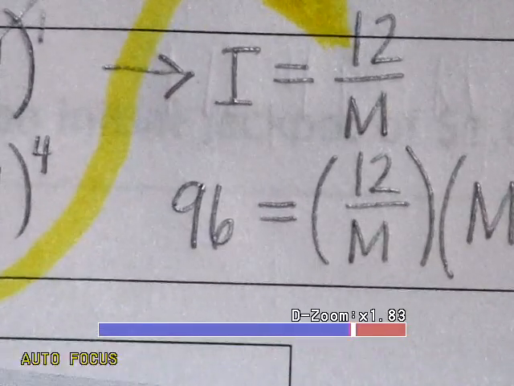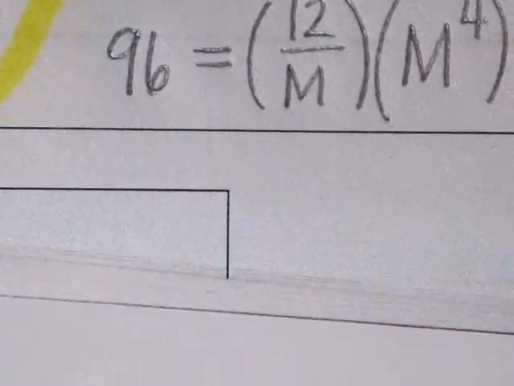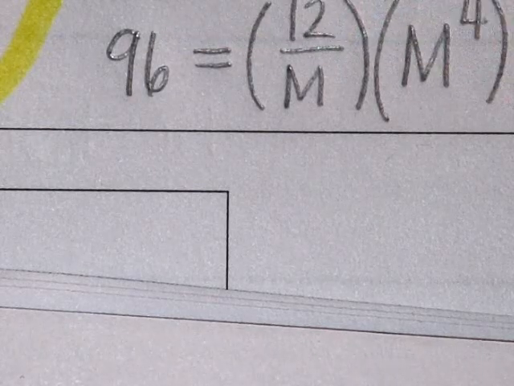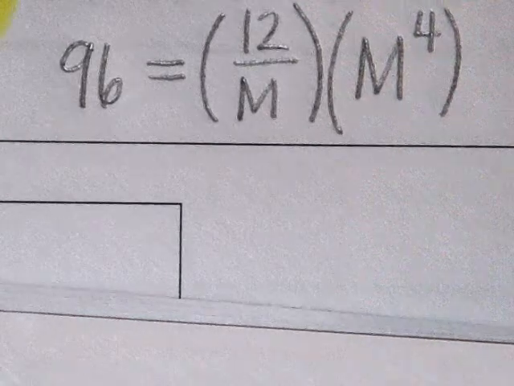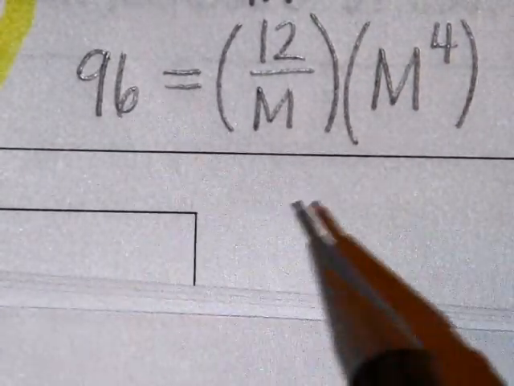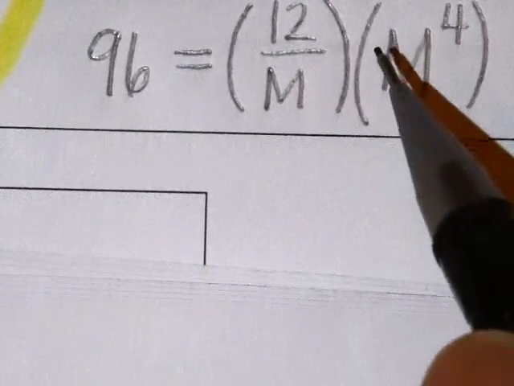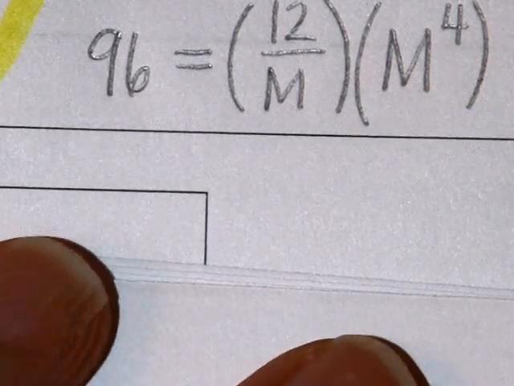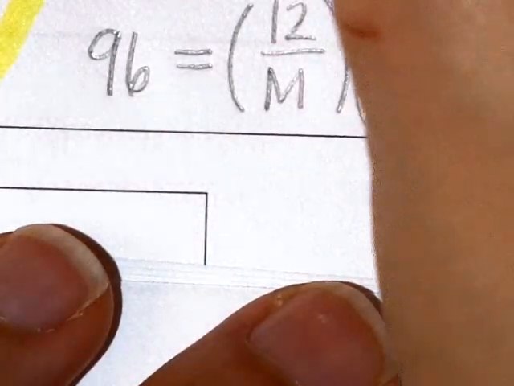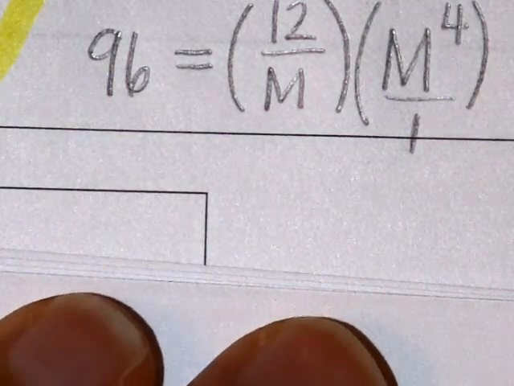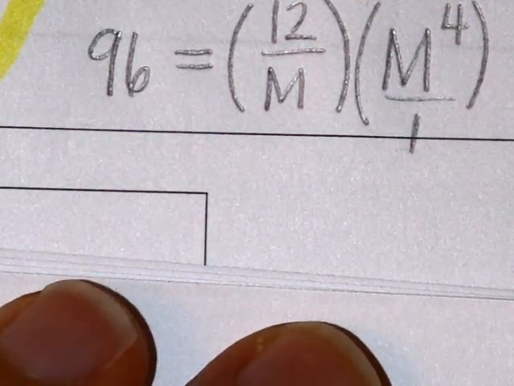So now that I've done my substitution, let's take a look at what we're trying to solve, this equation. It's messy, but it is an equation that it looks like I can do because it's all got one variable. I can solve it as long as it has one variable. Now, the fraction is a little confusing, so I'll put m to the 4th over 1 to make it look like a fraction as well. That way maybe I can kind of clean it up a little bit.